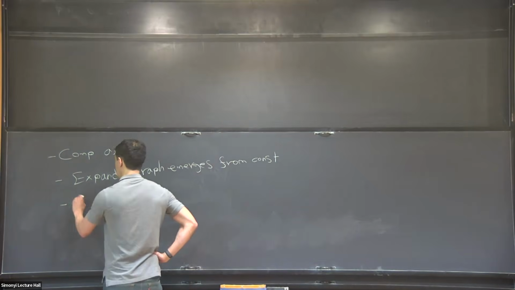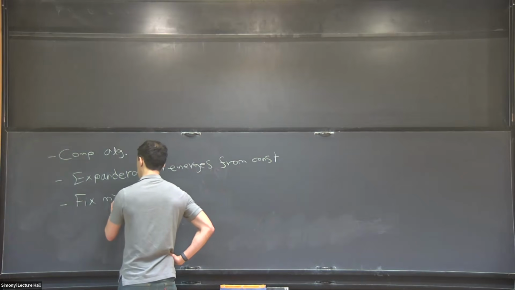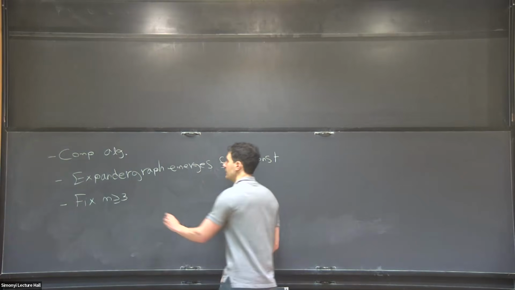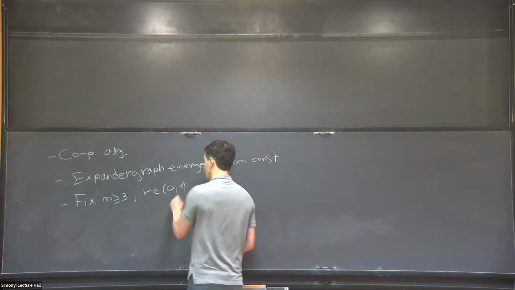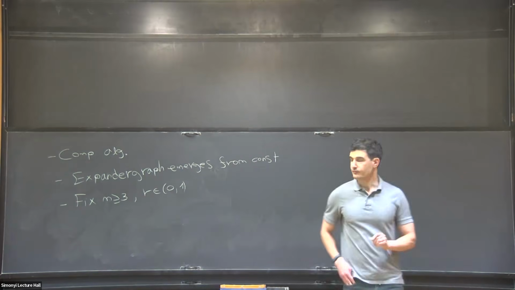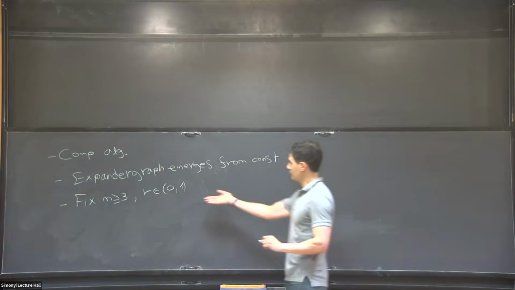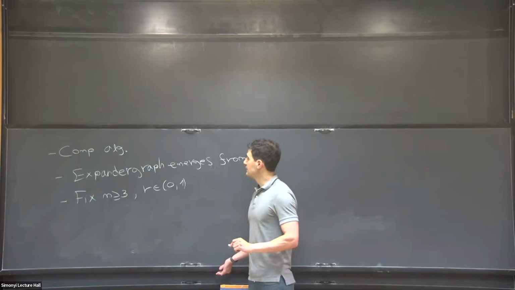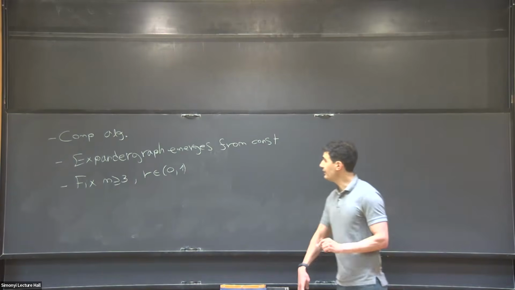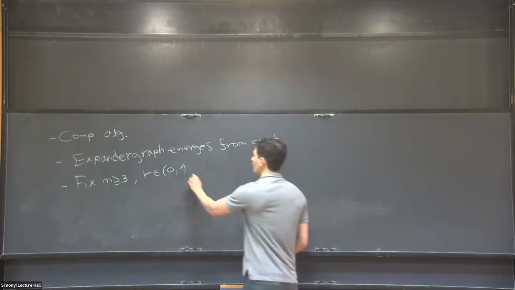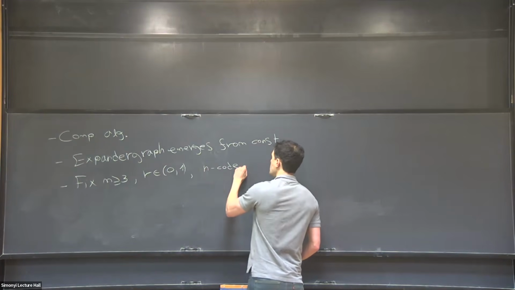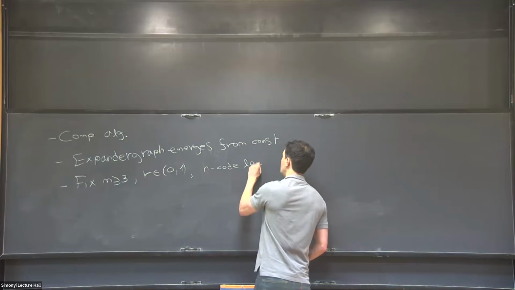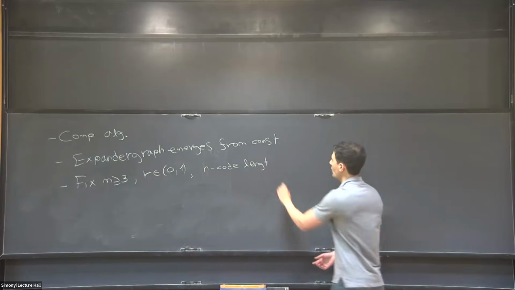So we fix some positive integer, at least 3, and some rate. This is the local rate. And you see it works for any rate, in particular r less than 1/2. N would be the code length.